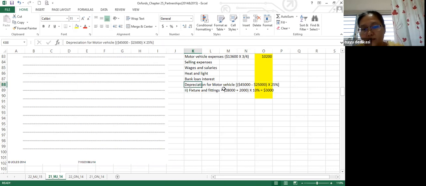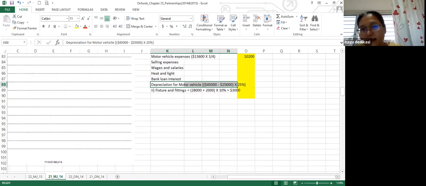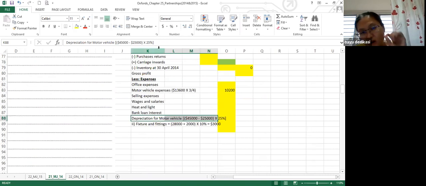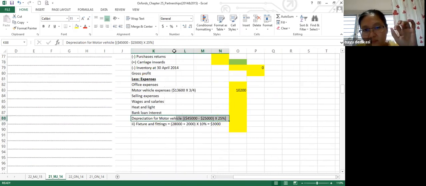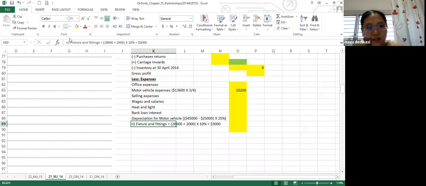If in case there is not enough space, you have to enlarge it a bit. In the exam, if your handwriting is very big, then this amount has to be put at the next row of the depreciation. If your handwriting is small, you can write beside it. Depending on your working, so long as you show the working, it will be good already.